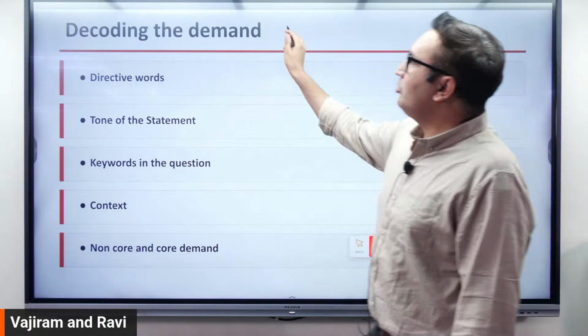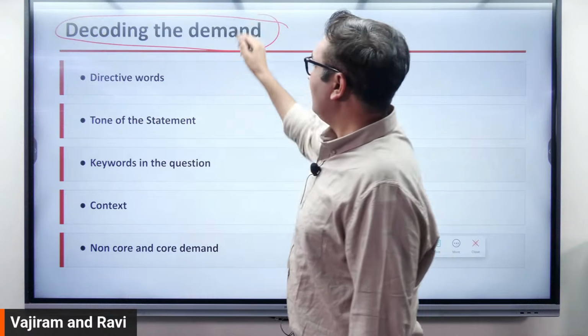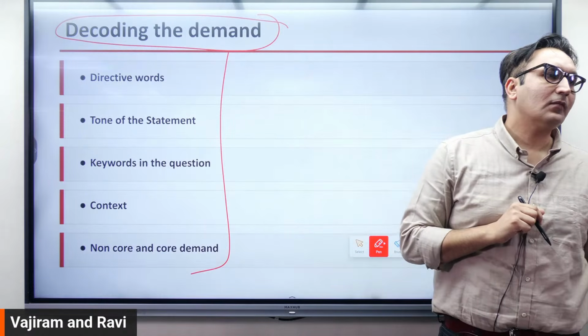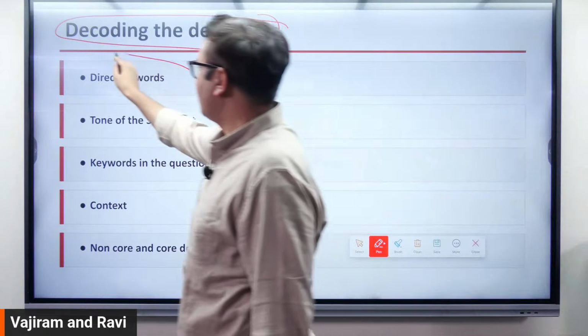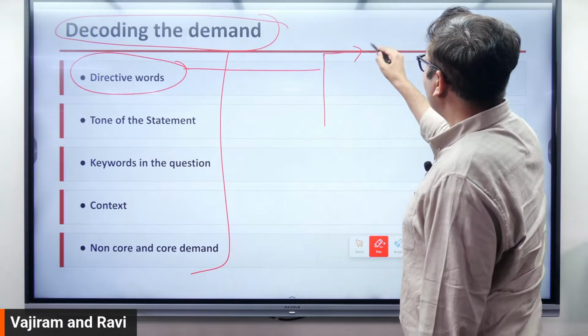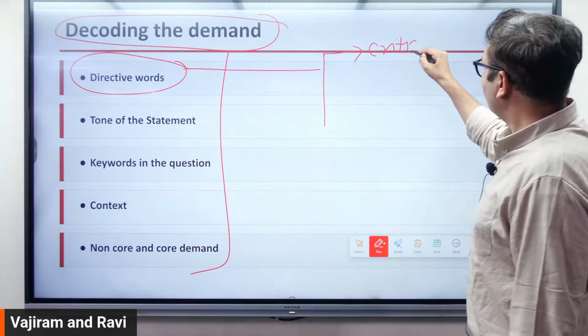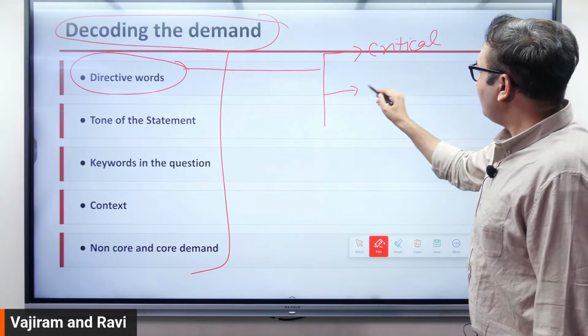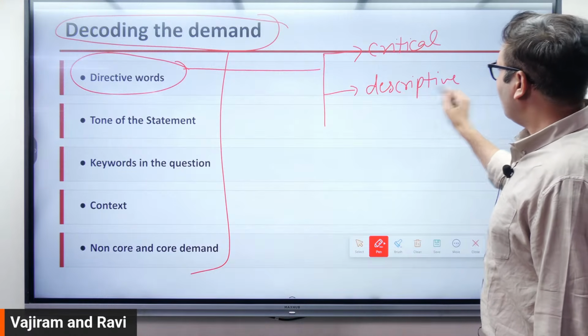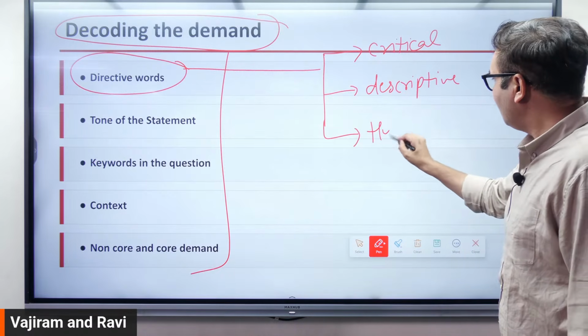So to decode the demand of the question, these are the things that you need to take care of. First is directive words. Now directive words, they can be critical directive words, they can be descriptive, and it can be hybrid.